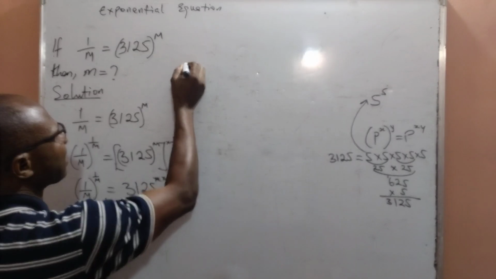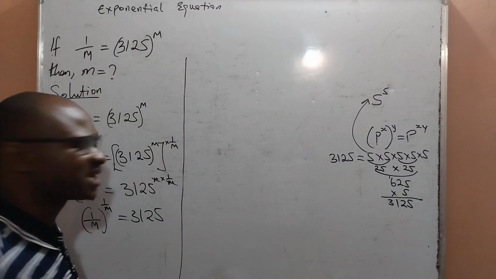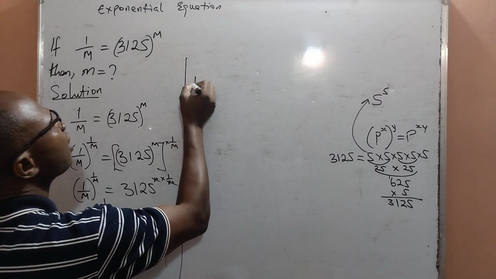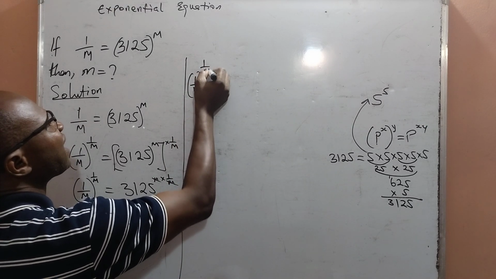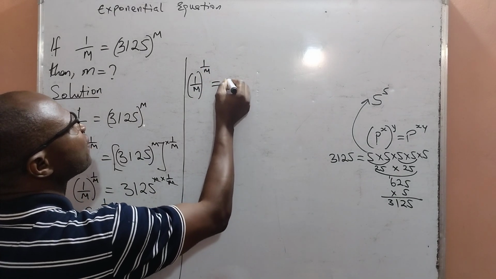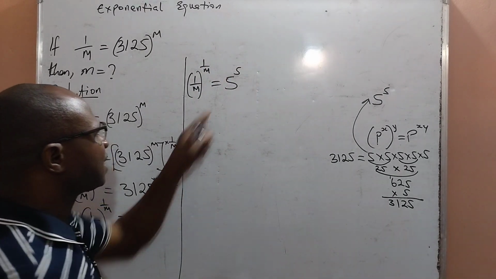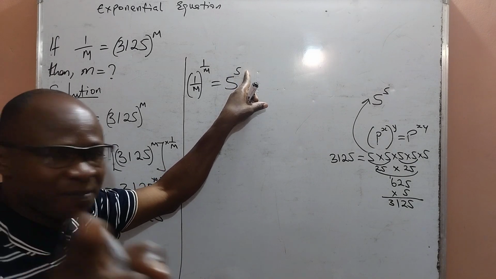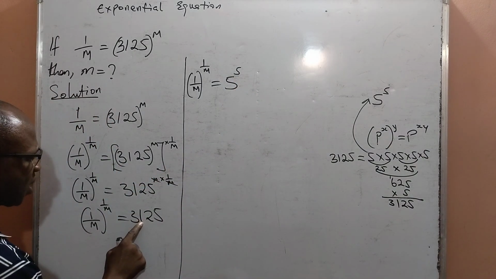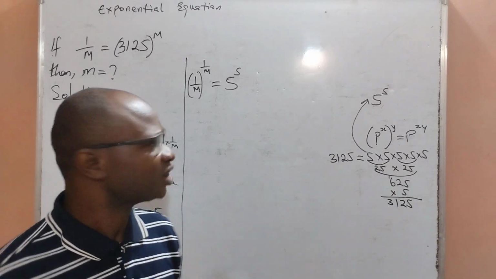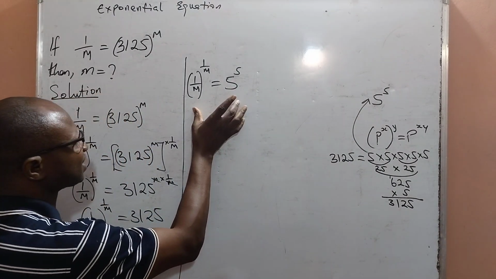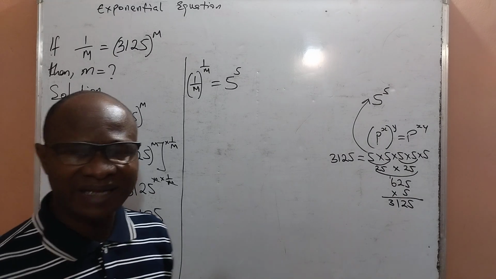Therefore, I will now represent the right hand side of the equation: 1 all over n raised to power 1 all over n is now equal to 5 raised to power 5, which is representing 3125.